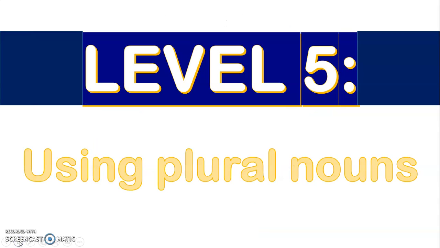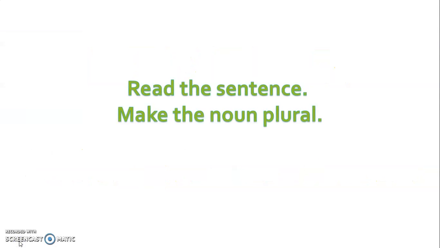All right, which brings us to level 5, using plural nouns in our writing. So you're going to read the sentence, and it is your job this time to make the noun plural. So remember, we have two different rules for that.